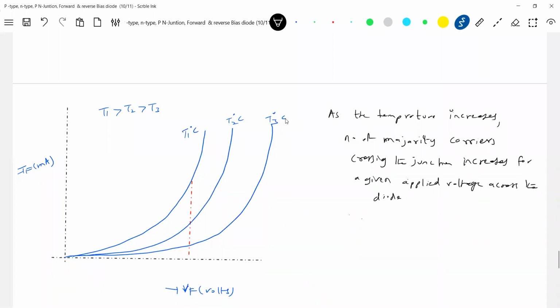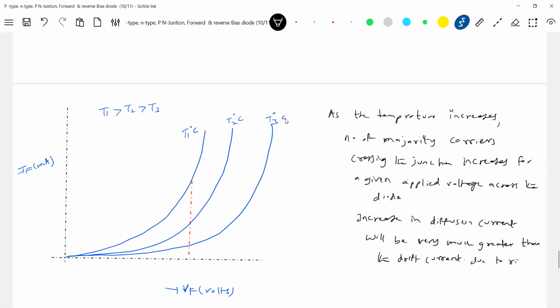Let me put it in simplified form: the increase in diffusion current will be very much greater than the drift current due to the rise. I'm not saying the drift current will not change, but it'll be far negligible compared to the change in the diffusion current. That's the reason.